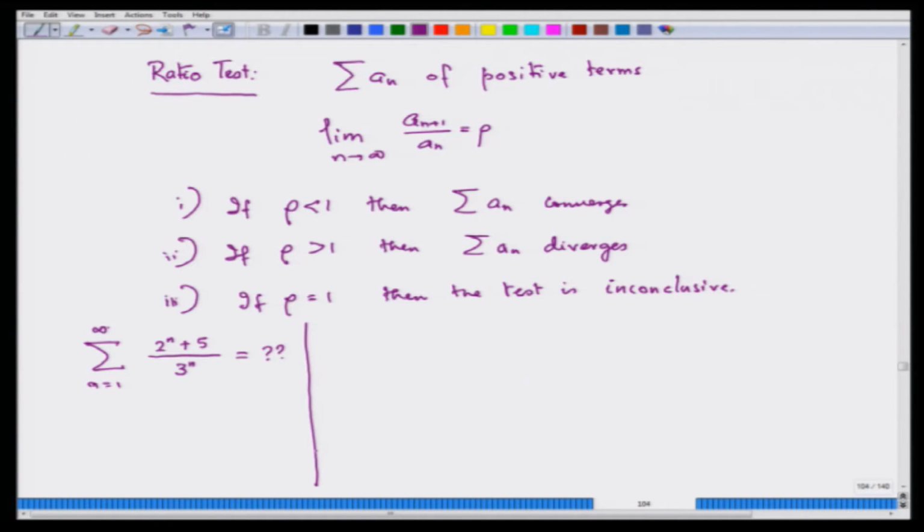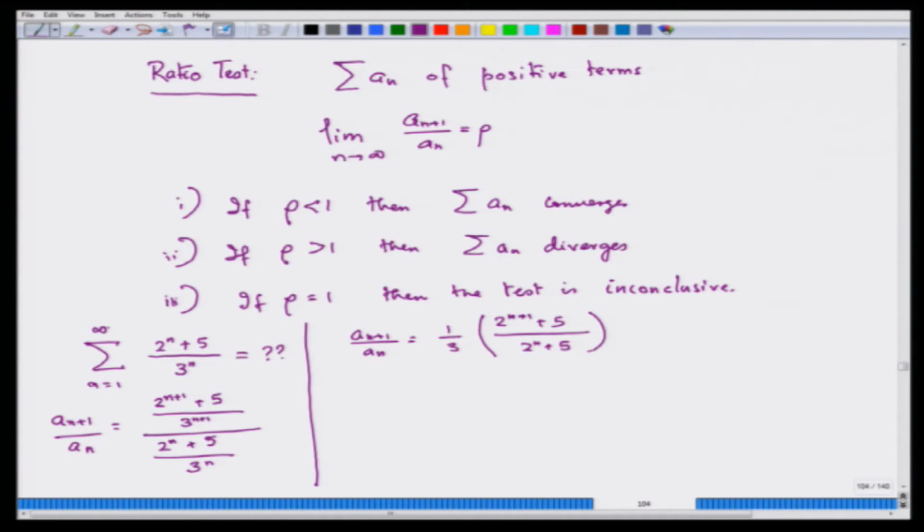So, the first step is writing a_{n+1} by a_n, and that is, so again you will have a_{n+1} by a_n is equal to 1/3 times, divided by 2^n. So, it is 2 plus 5 into 2 to the power minus n over 1 plus 5 into 2 to the power minus n.